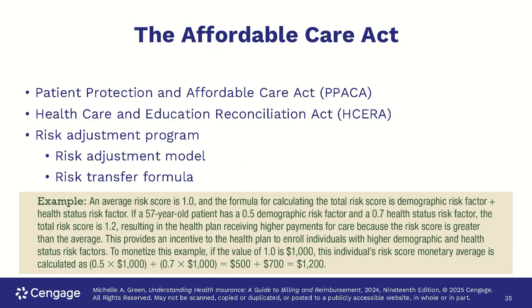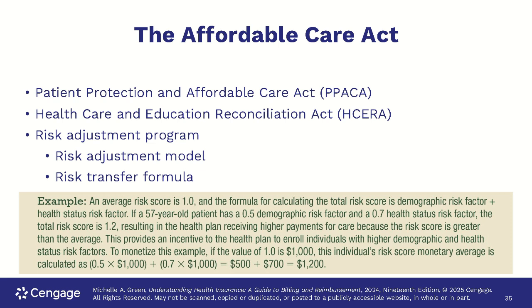For purposes of the CCS exam and the CCSP, because I know you're wondering, what do I really need to look at? Again, definitely when you get your review guide this summer, you're going to see the types of questions that they ask you. But what you do definitely need to know about are the reimbursement methodologies.